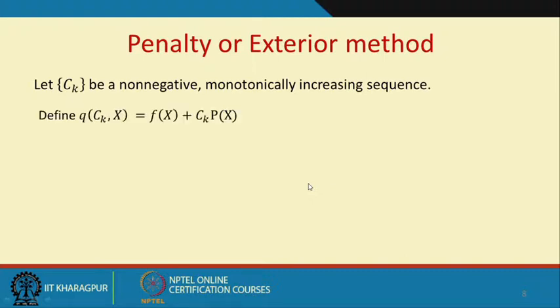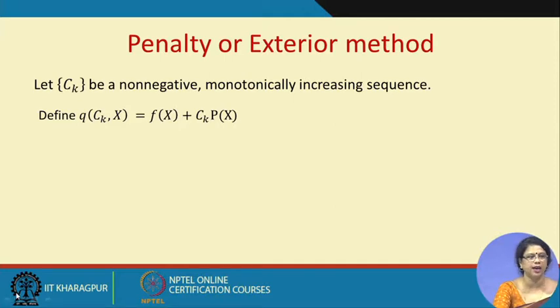Now, if I formalize the penalty function method, then I can say that Ck is a non-negative monotonically increasing sequence, that is, we are talking about the constant C. And if we define q as a function of Ck and x, here the index k is for the iteration number.